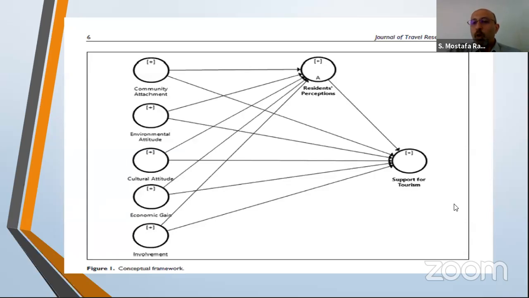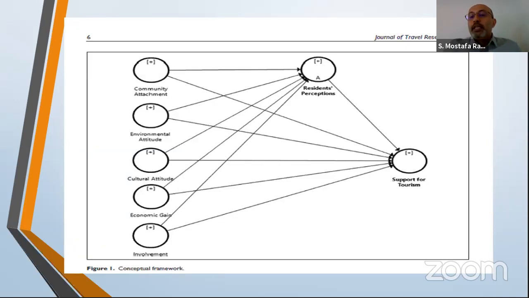Or, resident perception mediates the relationship between community attachment and support for tourism development. This is the type of hypothesis, and the way we can write a hypothesis for a mediator. But how can we support this hypothesis by theory and literature? This is the challenging part of hypothesis development for a mediator.